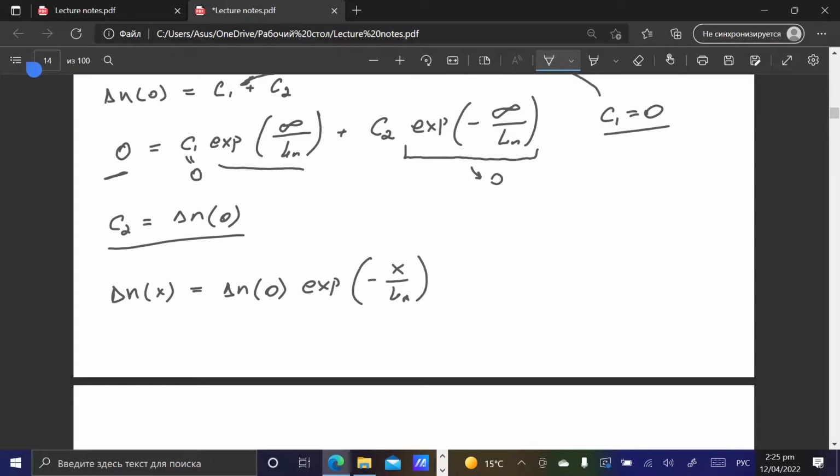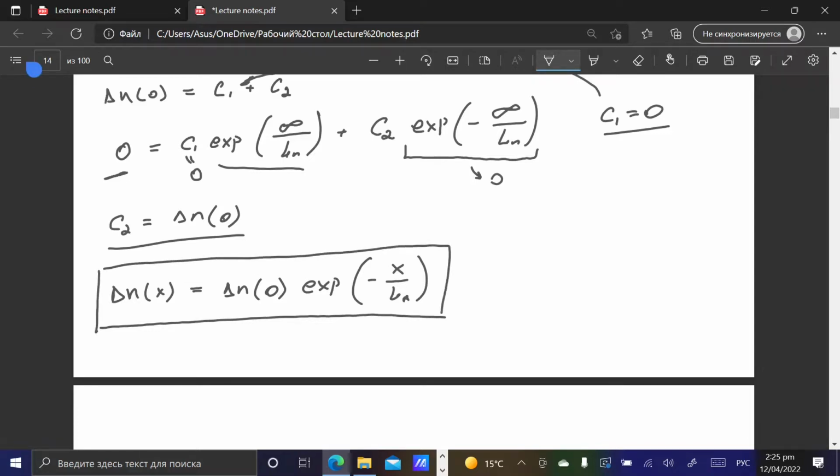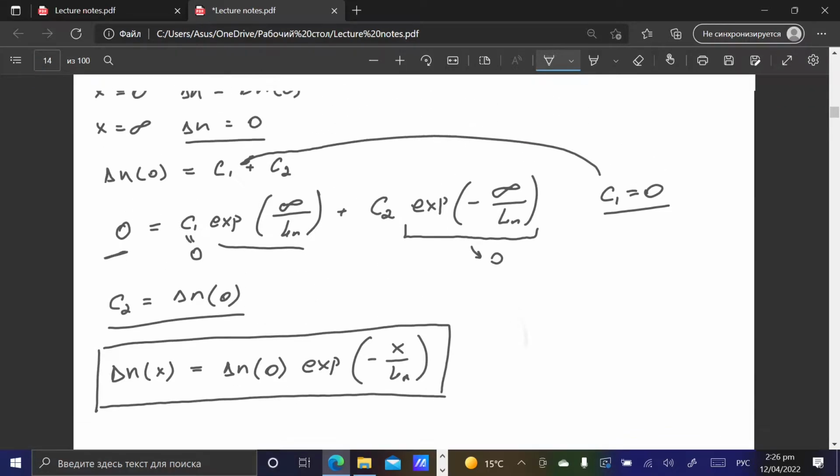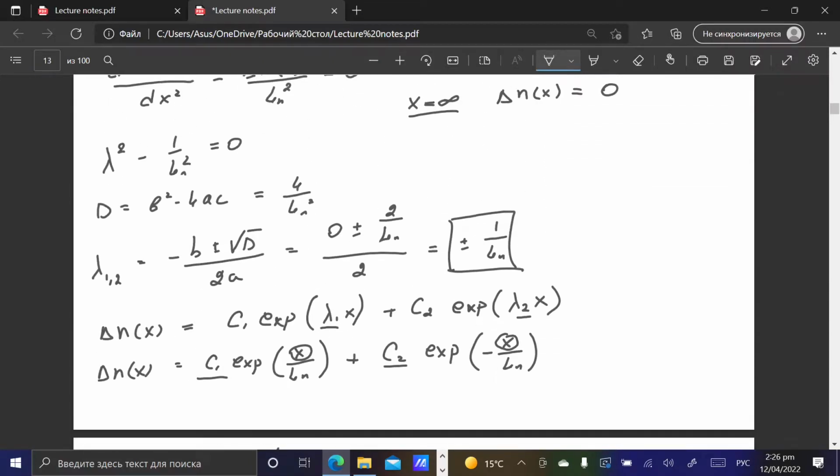That is the function which gives us the profile of diffusing minority charge carriers in a p-type semiconductor.